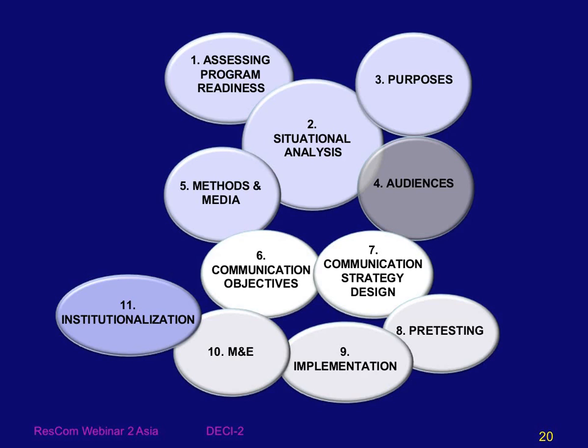And once we define this clearly and specifically, we will be able to develop the communication strategy design, which is step 7 in research communications, followed by pre-testing, implementation, monitoring and evaluation, and the last step, institutionalization.